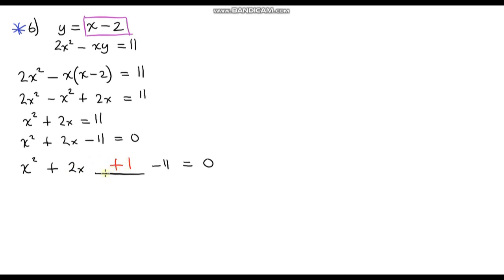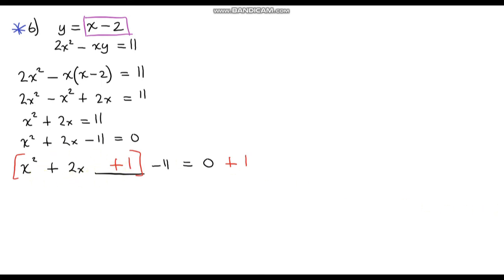But remember, I cannot just add on 1 willy-nilly. For whatever I do to the left-hand side, I have to do the same to the right-hand side. So because I'm adding on 1 over here, I also have to add on 1 over here. I need to keep my equation balanced. And the whole reason for adding on 1 is because if I focus on this part of my equation here, this does now factorize.